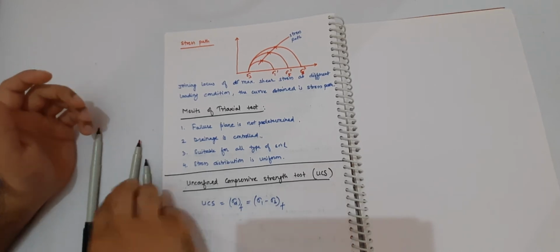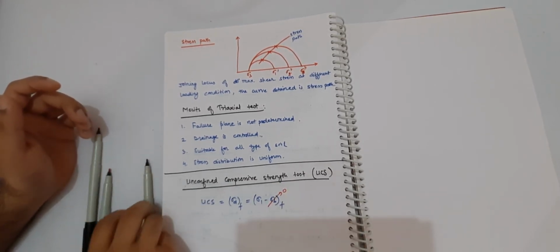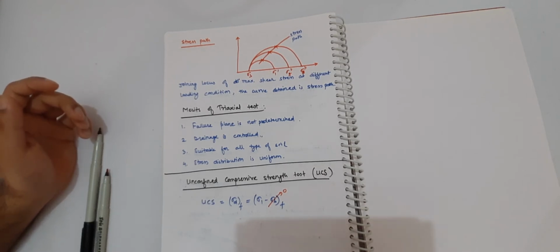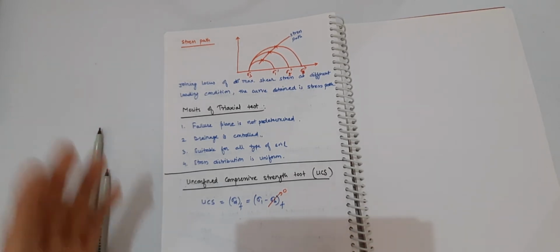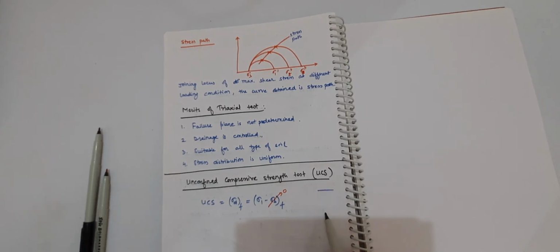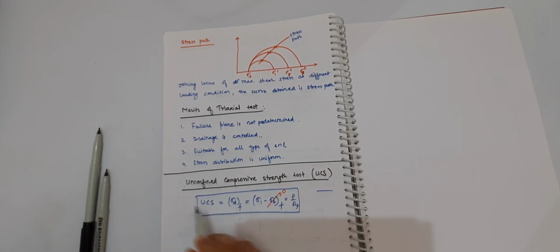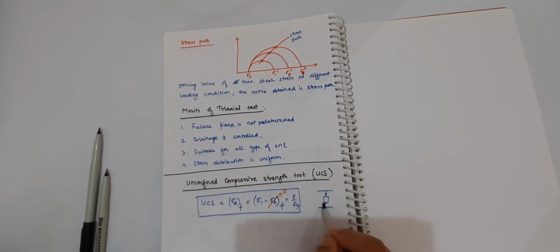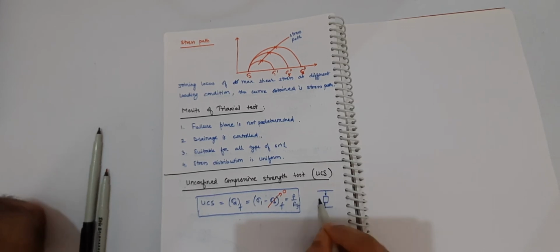In this case sigma 3 is 0, because in the UCS test the specimen to which load is applied is not surrounded by any plastic or glass membrane, as is done in the triaxial test. It is open from the sides.